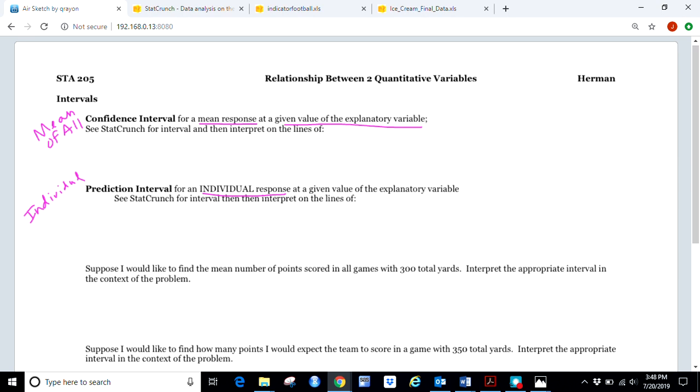We're not going to actually do any of the math attached to these intervals. We will only focus on the interpretations of them.